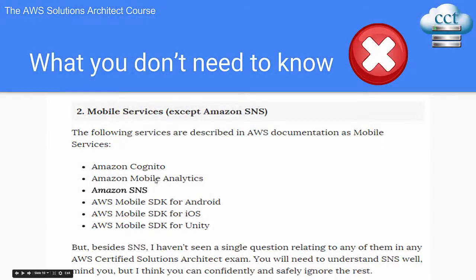Mobile services. Here's the list of the current mobile services that AWS has. SDKs down here are probably very important for the DevOps exam, but the only thing you really need to worry about is SNS, the Simple Notification Service.